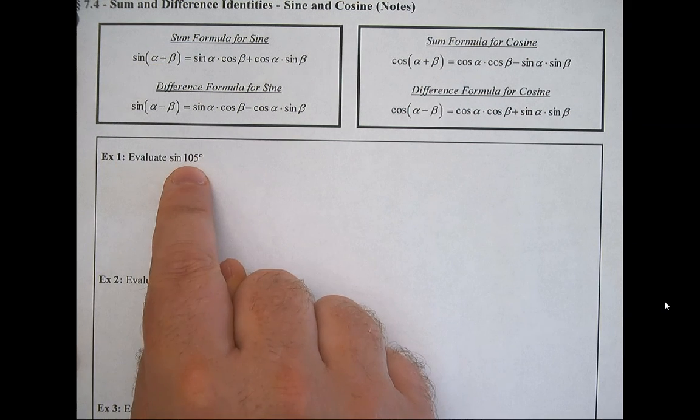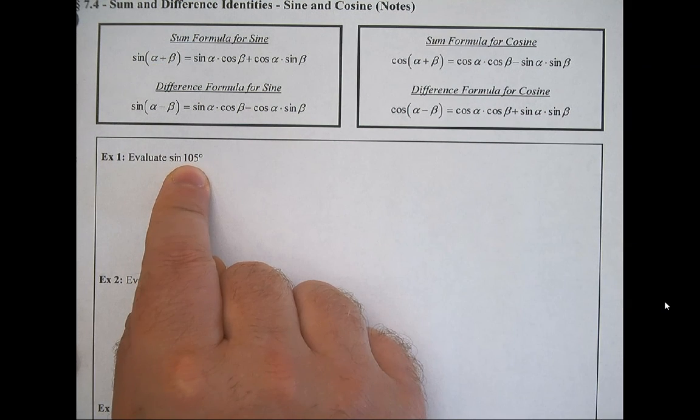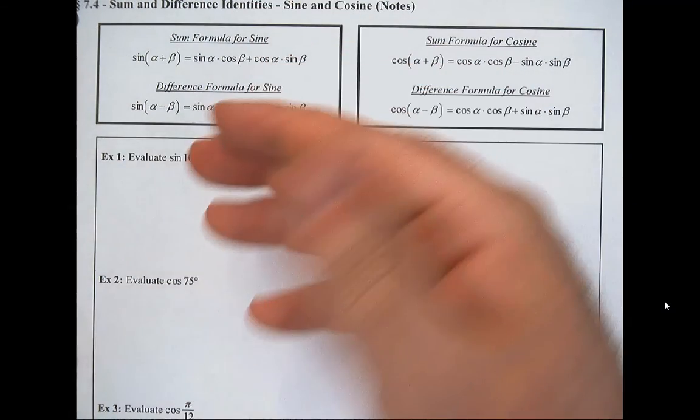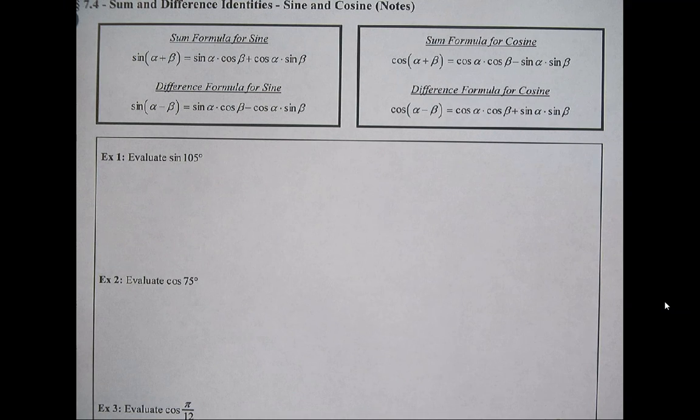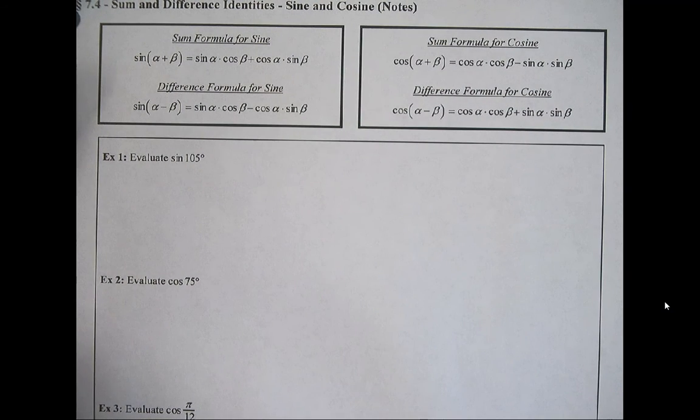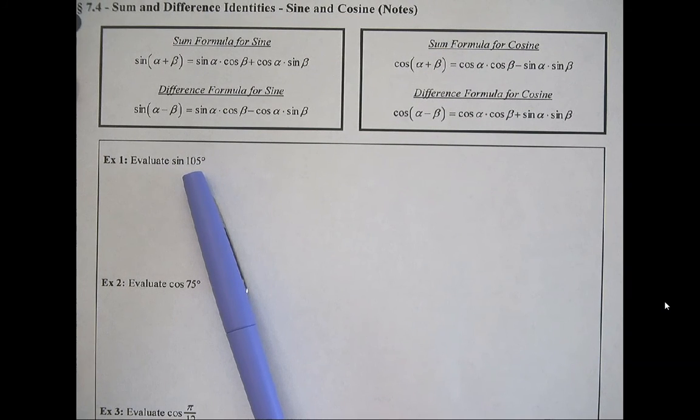So I could break this up into 100 degrees plus 5 degrees, or 95 degrees plus 10 degrees. The problem with breaking it up in that manner is you don't have a special right triangle that fits with 95 degrees and 10 degrees.